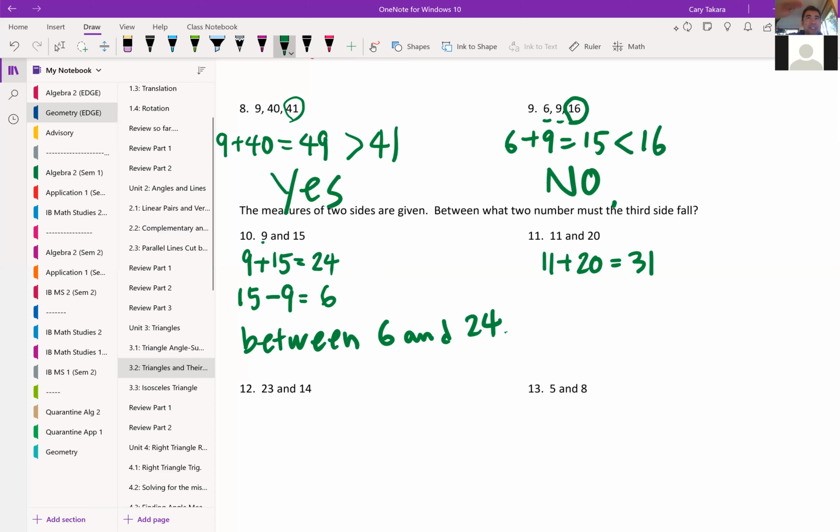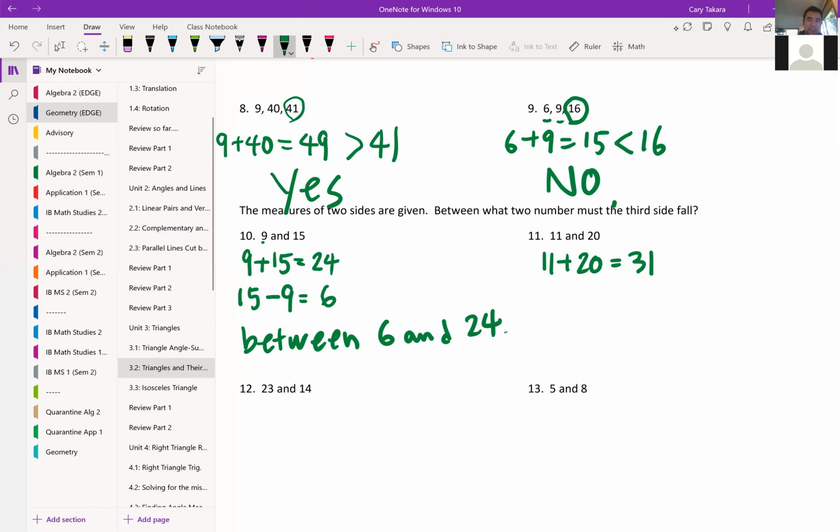So 31 is the highest. Well, it has to be lower than 31. 30.99999 is the highest that you can go to, but you can't go to 31.